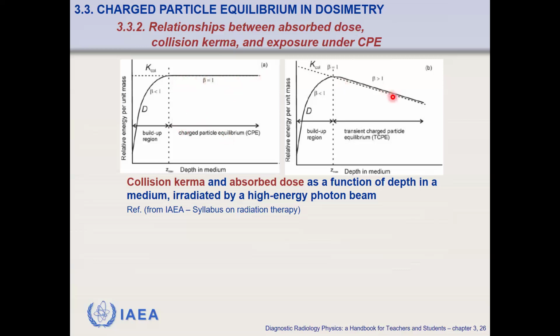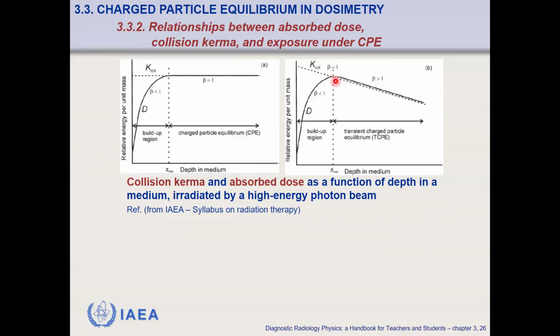In the second picture, for TCPE, in high energy photon beams beyond the depth of maximum dose, meaning after Zmax, after this point, what happens? We have transient charged particle equilibrium instead of full charged particle equilibrium.